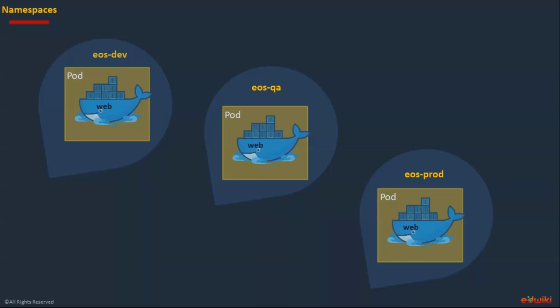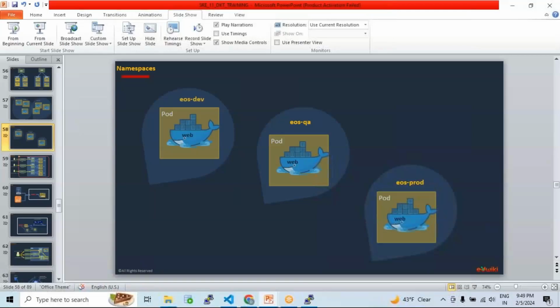I mean to say it is not going to give any conflict for us. Of course, the namespace is happening within your cluster. Everything, whatever I'm talking about, is happening within your Kubernetes cluster, right?